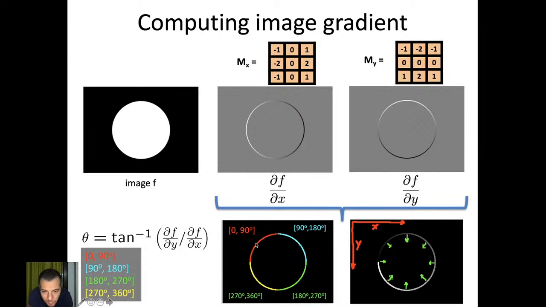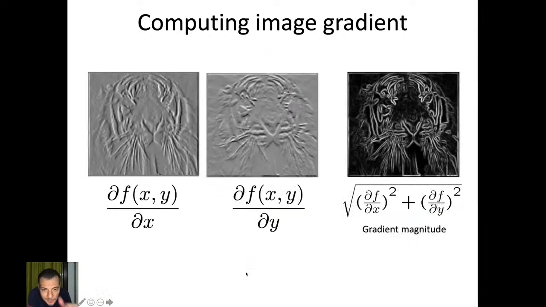And the orientation is between 0 and 90 degrees for this quadrant, between 90, and so it goes clockwise from 0 to 90 to 180 and 360. Okay, so this is how we compute the image gradients.